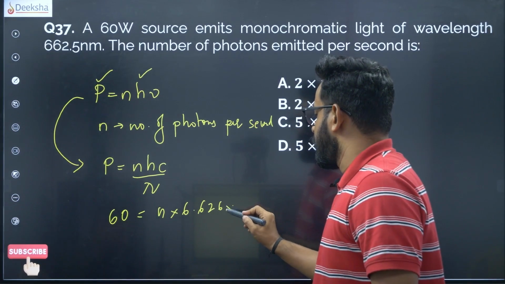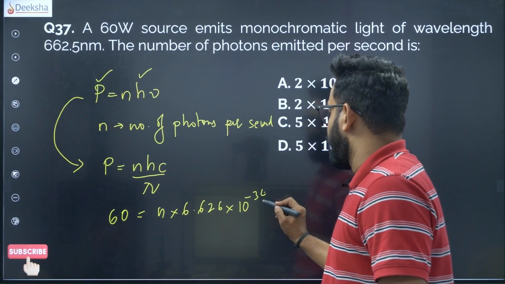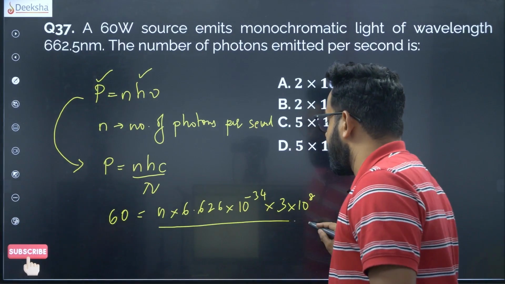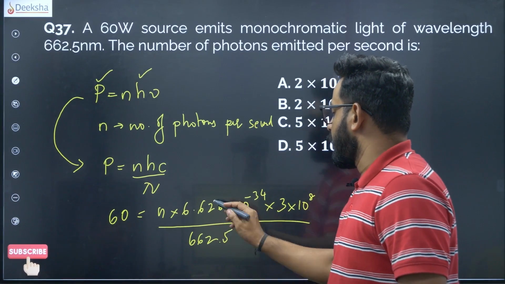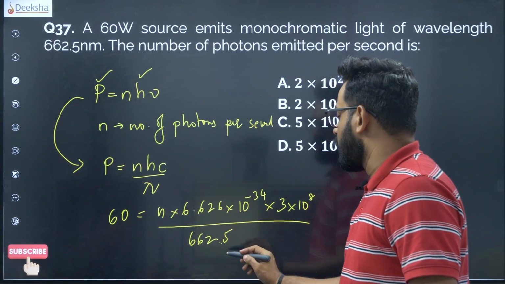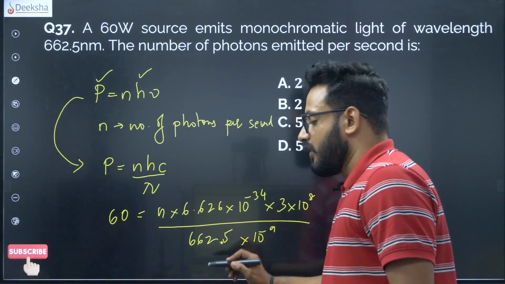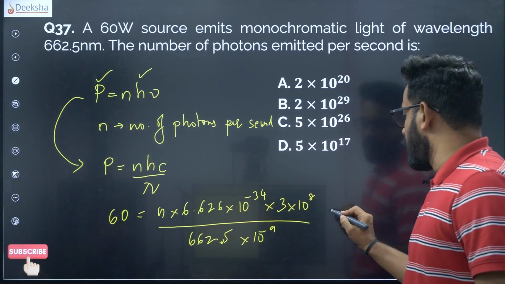h value is 6.626 or 6.7, into 10 to the power minus 34, c is 3 into 10 to the power 8, whole divided by lambda, which is 662.5 into 10 to the power minus 9. All the similar terms can be cancelled at the numerator and denominator, and ultimately you will get the N value.